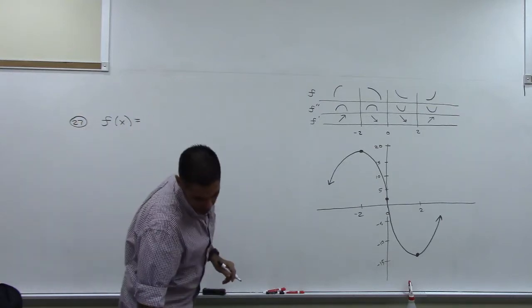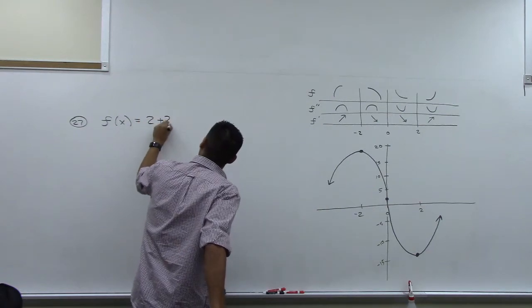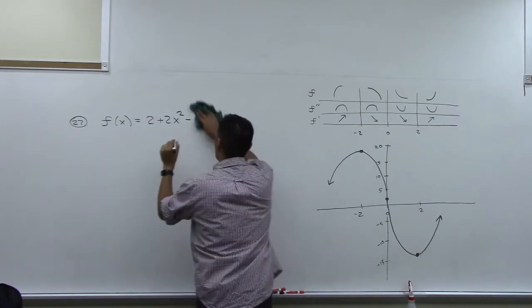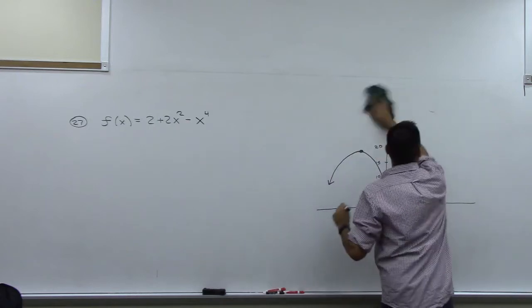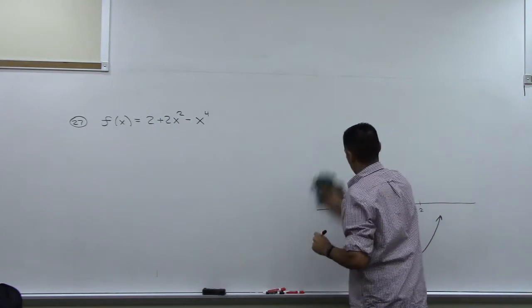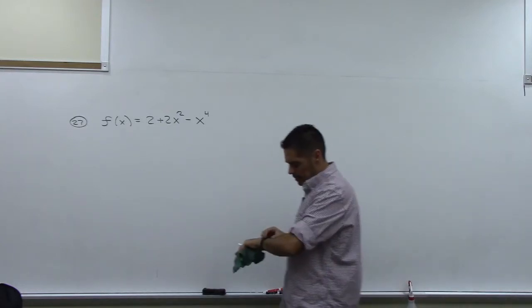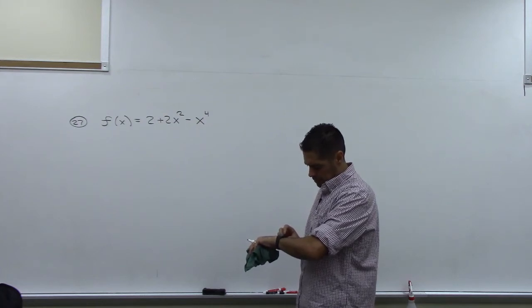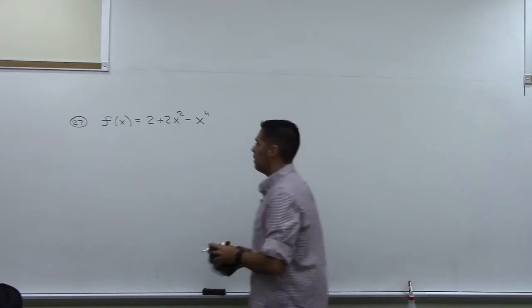Our function is 2 plus 2x squared minus x to the fourth. I think I'm going to time myself on this one. Okay, let's see how long this takes.